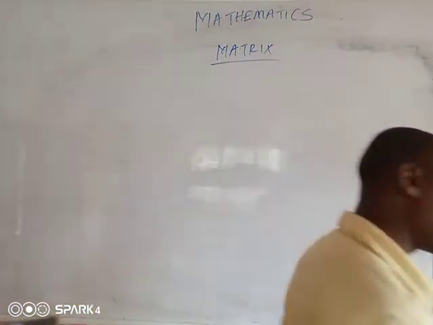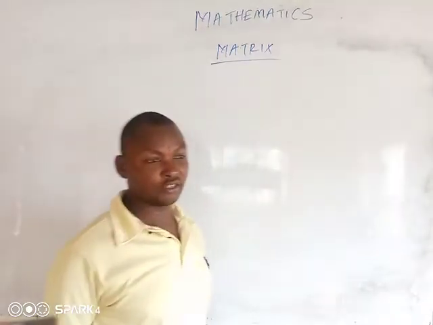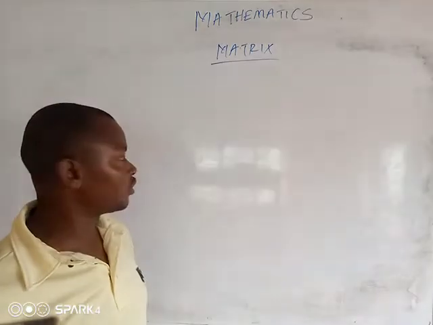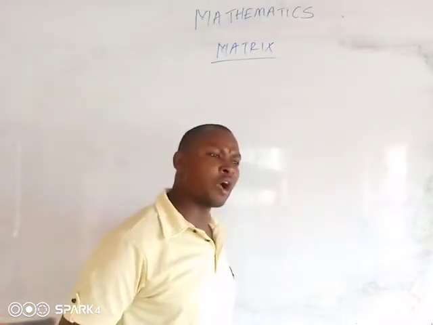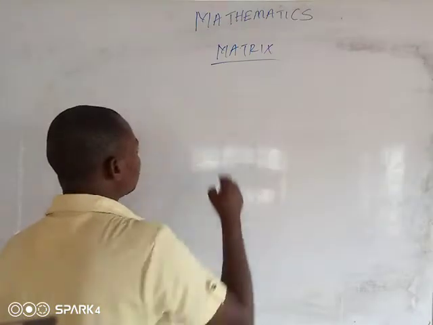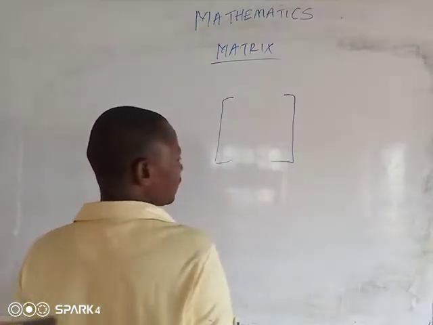So apart from the diagonal matrix, we can have the lower triangular matrix. It's also a square matrix, whereby I can use this example below.